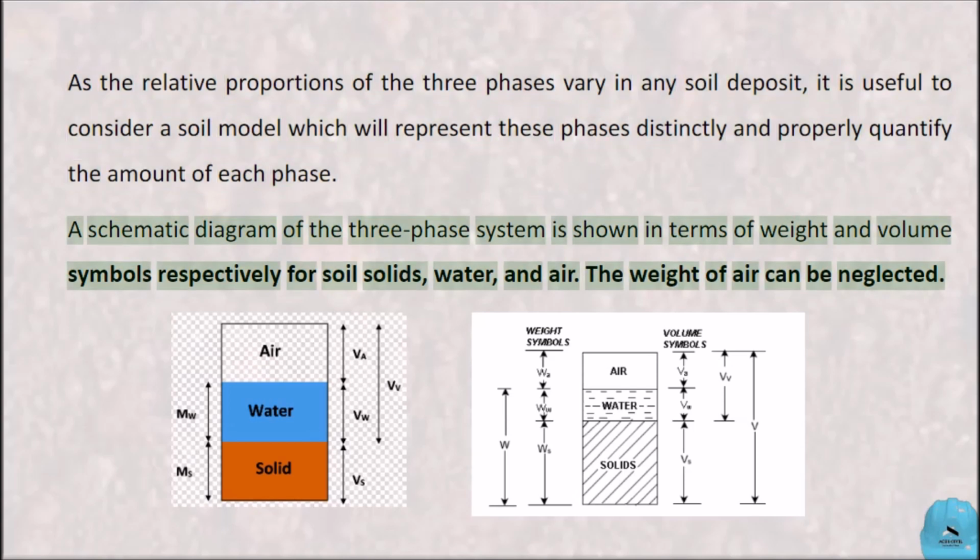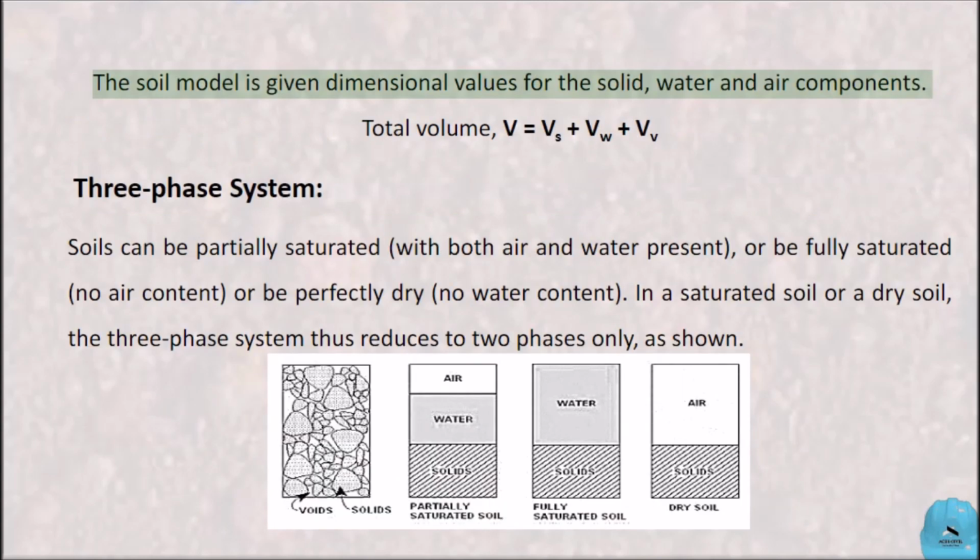A schematic diagram of the three-phase system is shown in terms of weight and volume symbols respectively for soil solids, water, and air. The weight of air can be neglected. The soil model is given dimensional values for the solid, water and air components. Total volume V equals V_s plus V_w plus V_a.